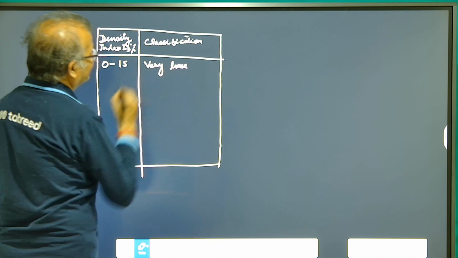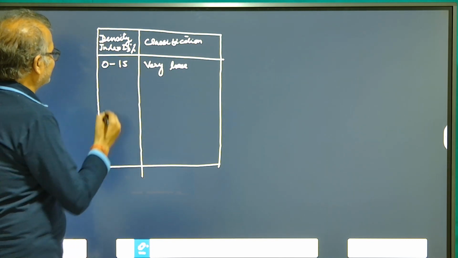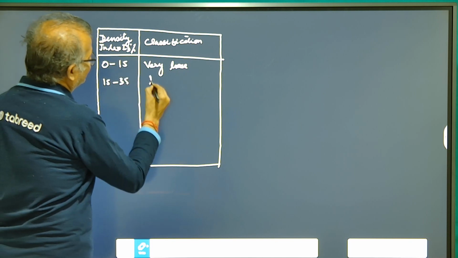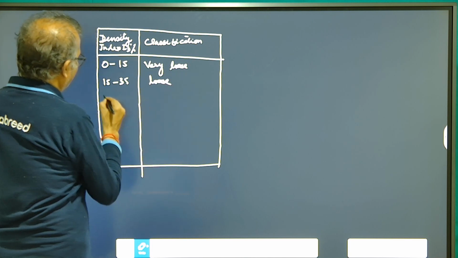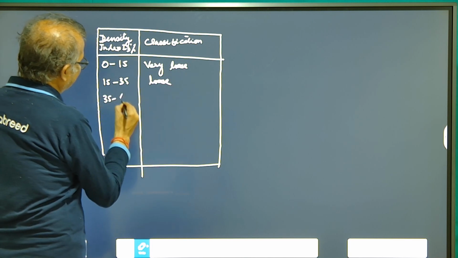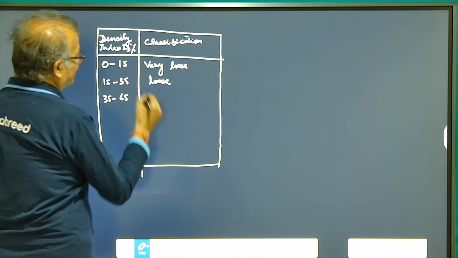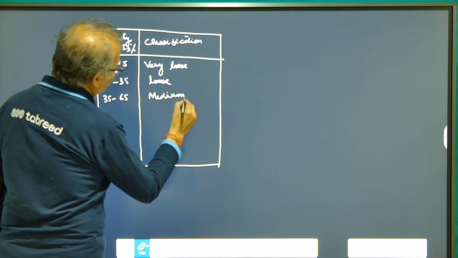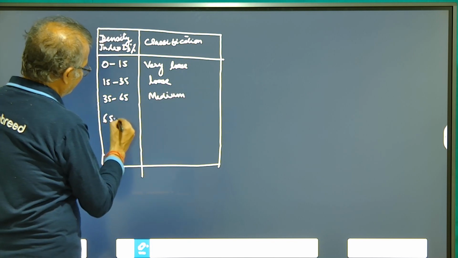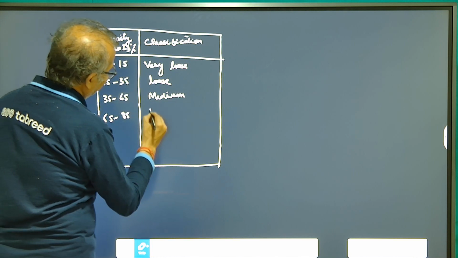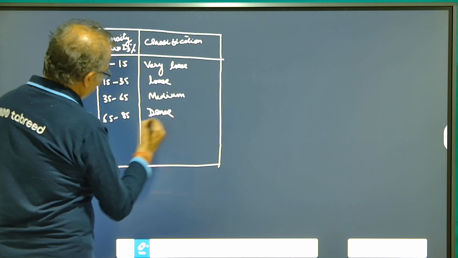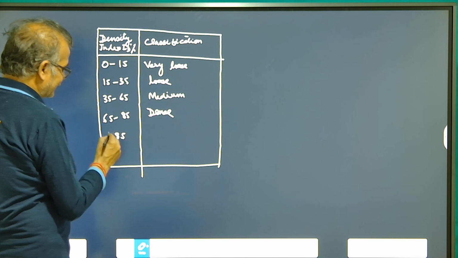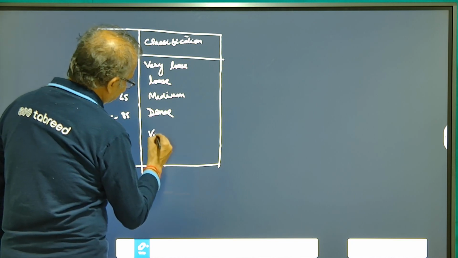No foundation can be kept on very loose soil. From 15 to 35, soil is said to be loose. When it is 35 to 65%, then soil is said to be medium. When 65 to 85, soil is said to be dense, and above 85, greater than 85, soil is said to be very dense.